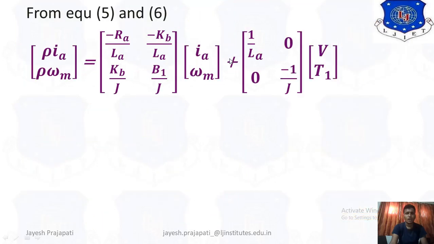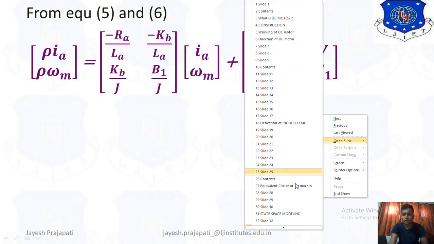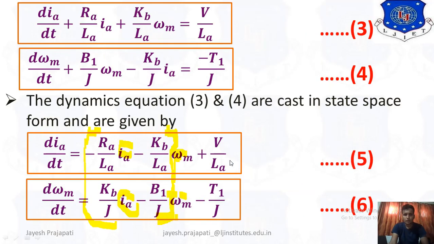Now plus 1 by La into 0, minus 1 by J in the bracket, a small 2 by 2 into 1 matrix, V and T1. So that also comes from this equation. You can see here only two equations.